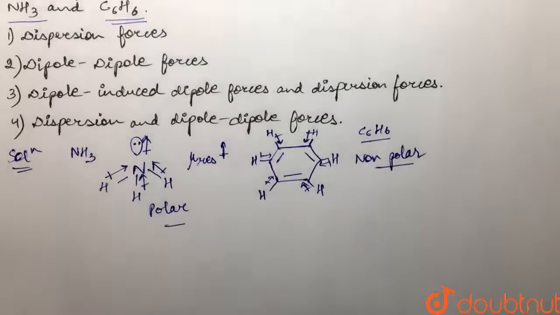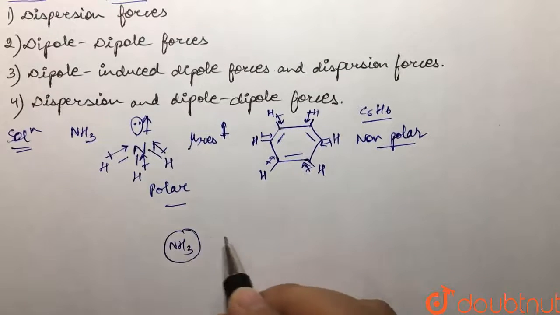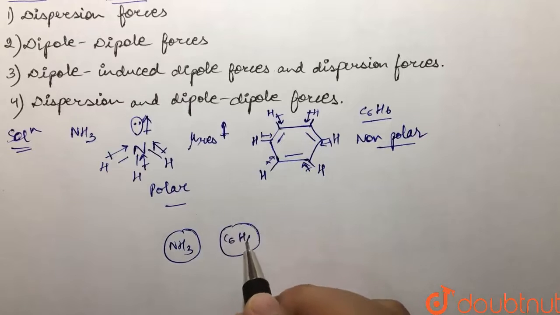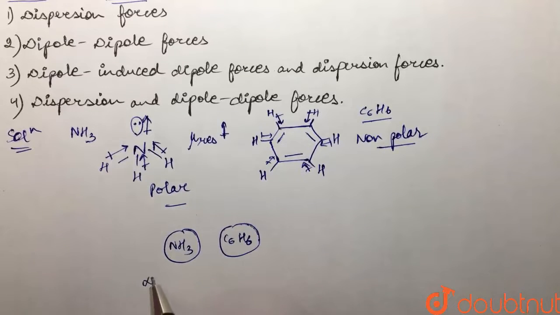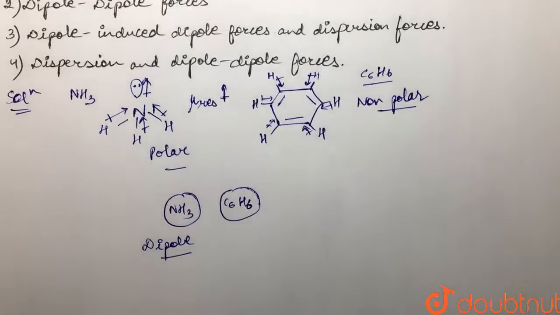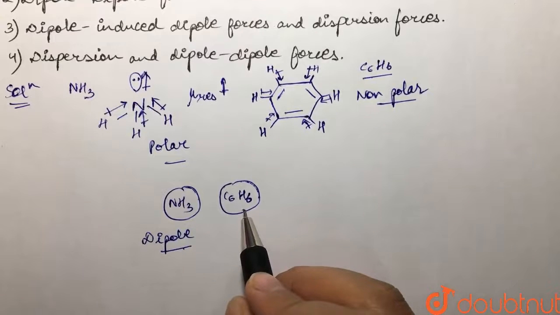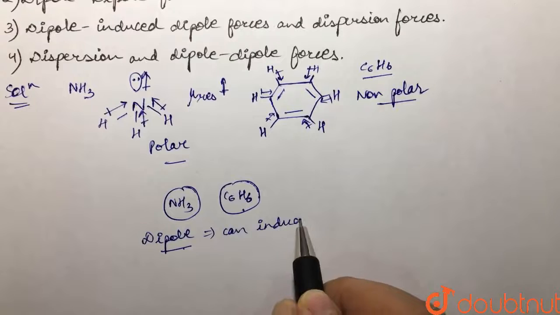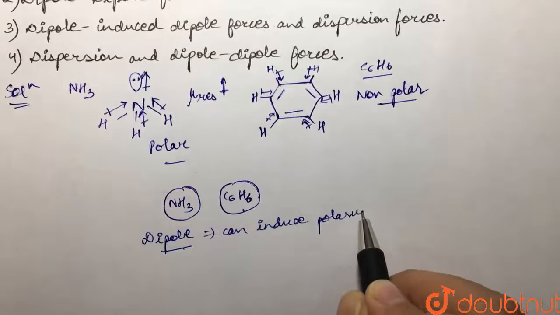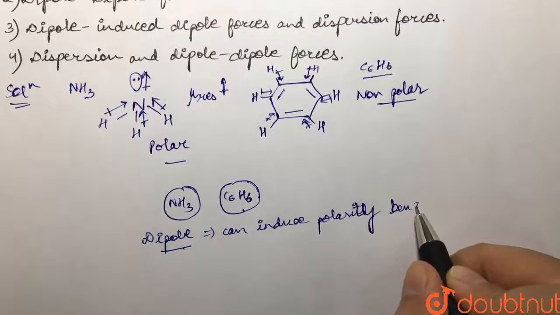So now if we talk about the intermolecular force between our ammonia molecule and our benzene, that is C6H6, what kind of forces can be there? Now ammonia we know is a polar molecule, so this would act as a dipole. Because this is polar, this dipole can basically induce polarity in our non-polar benzene molecule.